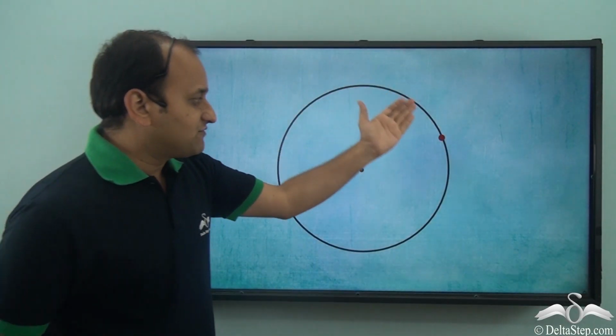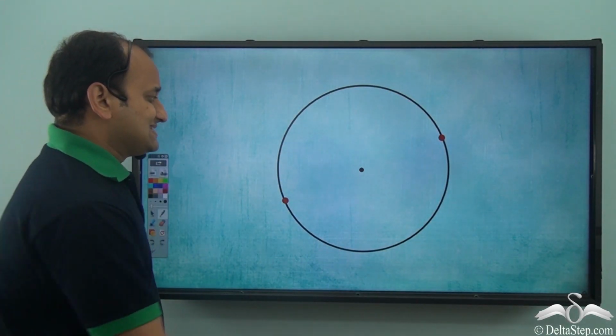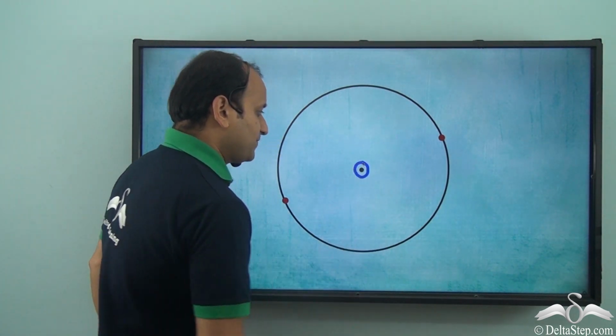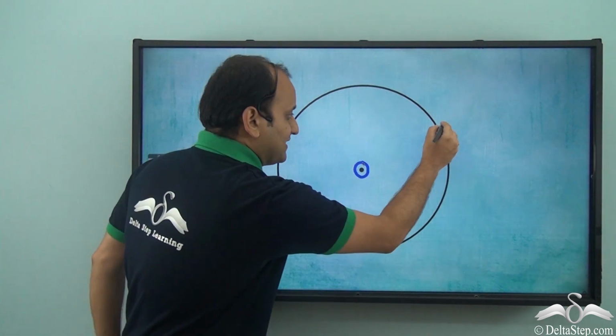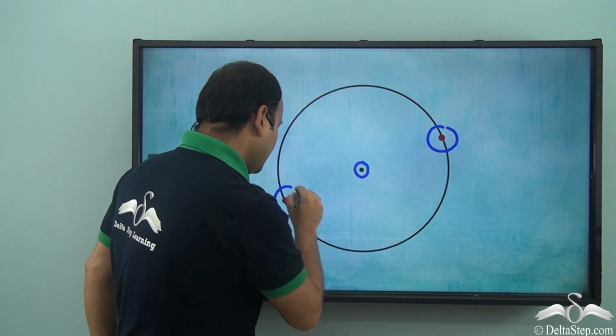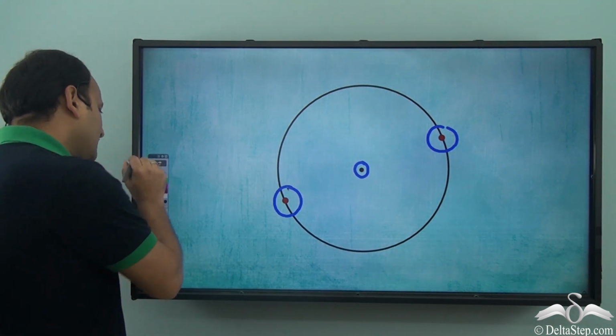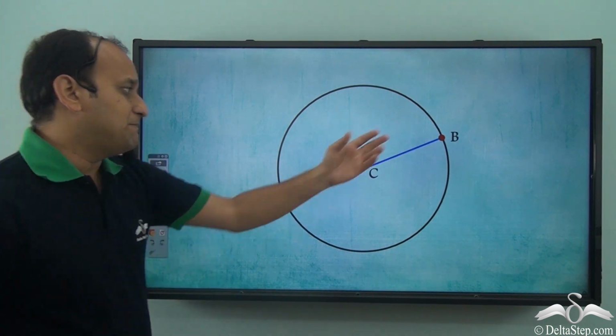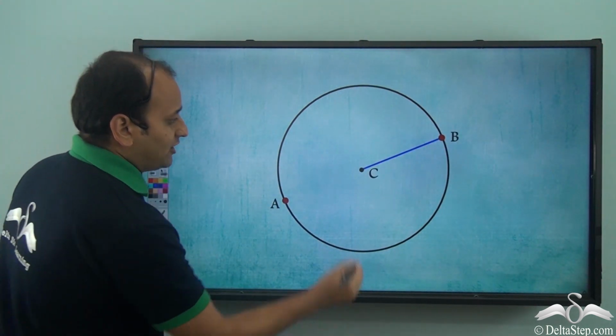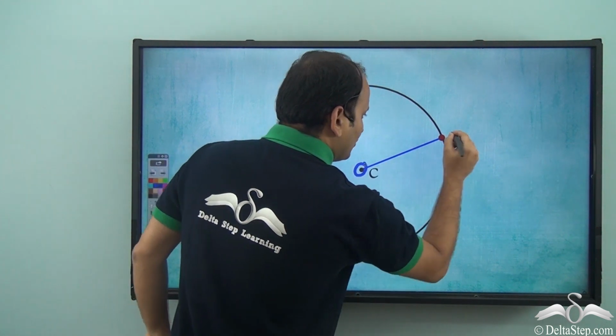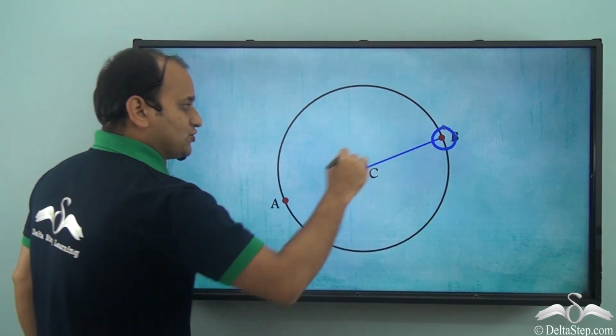Now, if we have this circle whose center is this point and we have 2 points here and here which are exactly opposite to each other, then if we name them as A, B and C and we join this point C with B, then what do we get?